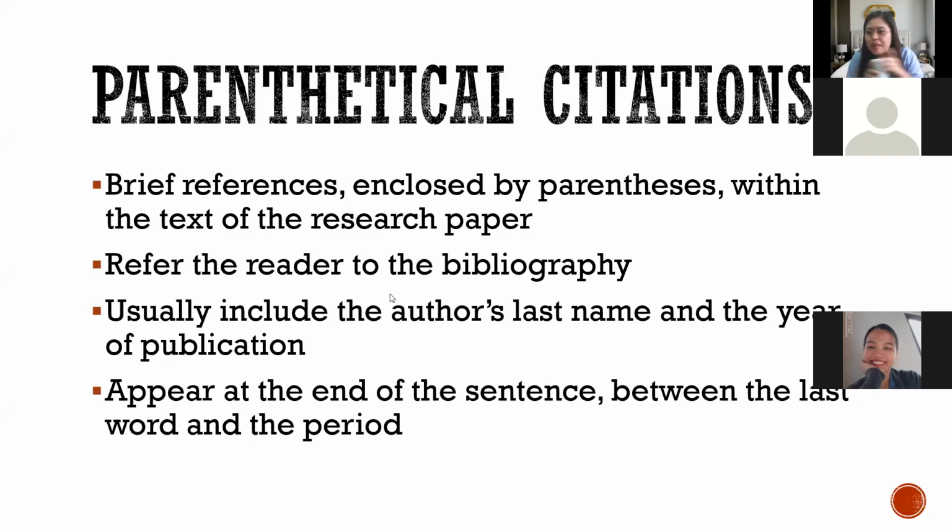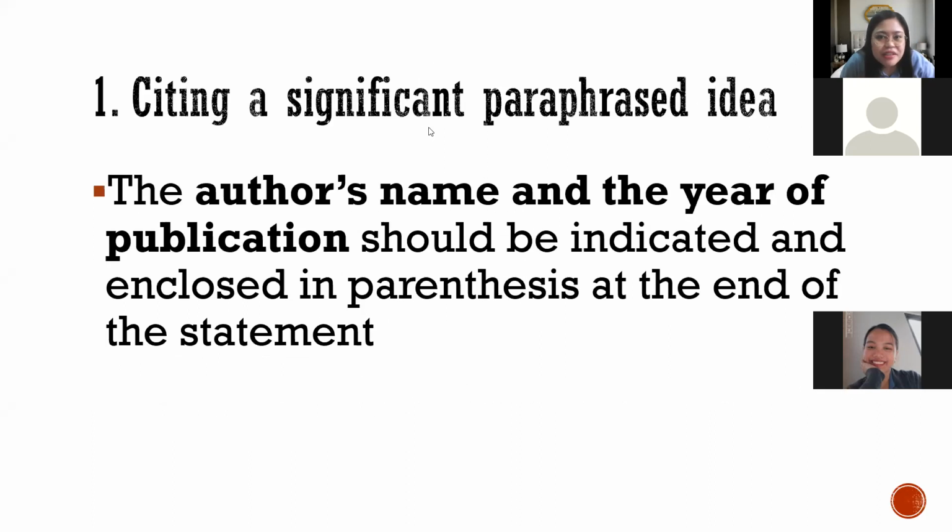I hope you understand. None? So let's try. Yes, in the reference, ma'am, must we separate it if we got it from a website, separate it from books? Okay. In the new edition of the APA format, the 7th edition, they are actually no longer separated. The arrangement is alphabetical.